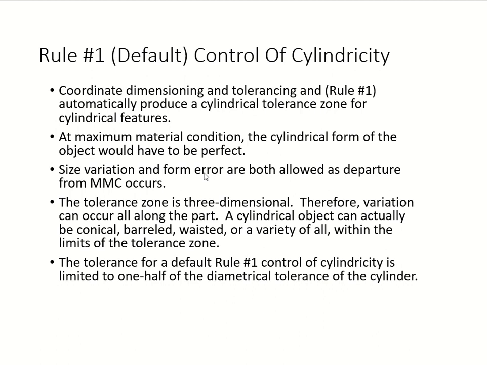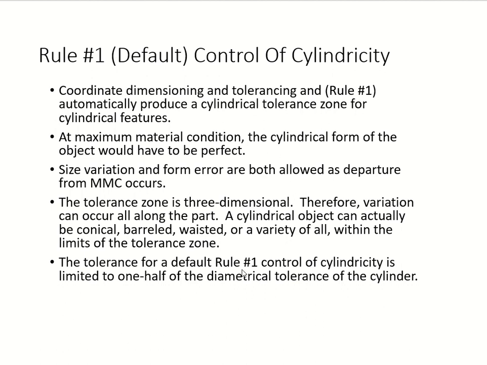Your size variation and form error are allowed as a departure from your MMC. Your tolerance zone is completely three-dimensional, so your variation can happen all along that part. Your cylindrical object can actually be conical or barreled or waisted, depending on your form variation within those size limits, or a variety of all within the limits of the tolerance zone.